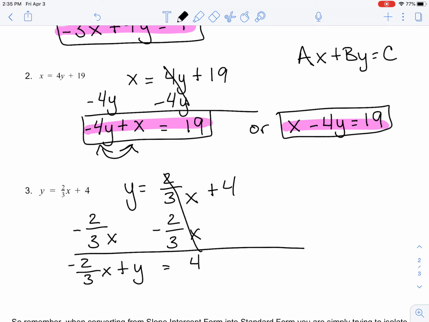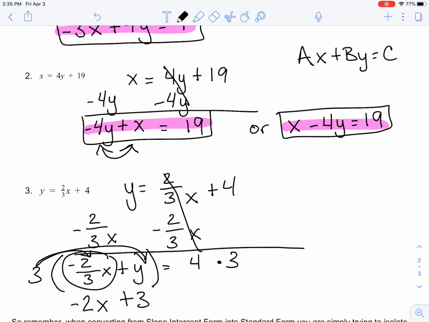But remember, we cannot have any fractions. So to undo the division happening here, we need to multiply this entire side by 3 and this side by 3. Negative 2/3 x times 3 is just negative 2x. 3 times y is 3y, and 4 times 3 is 12.